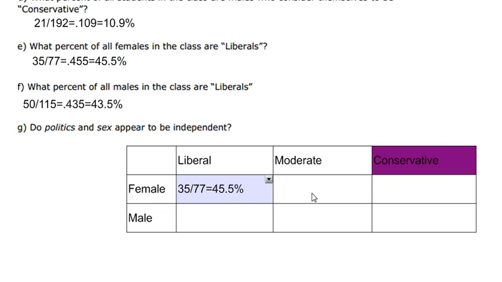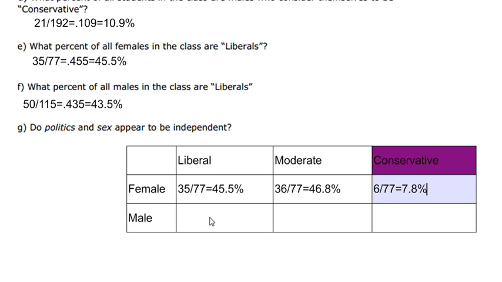I would do the same thing for moderate. There were 36 moderate females, so I take 36 divided by 77, and that gives me 46.8%. And then I would do the same thing for conservative. There were 6 females that said they were conservative, so 6 out of 77, and that gives me 7.8%.